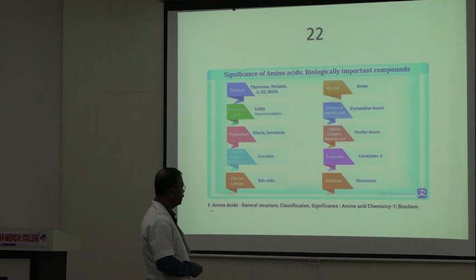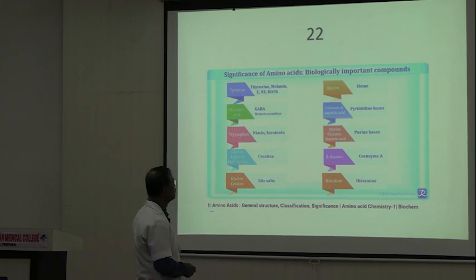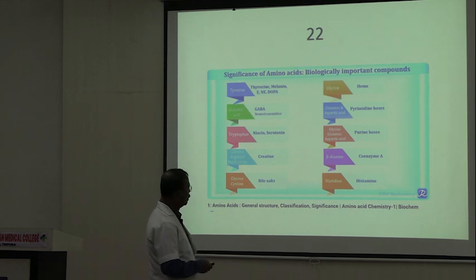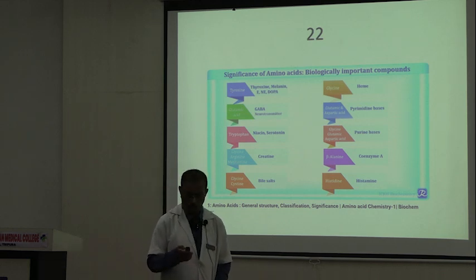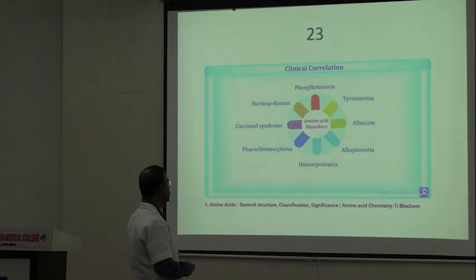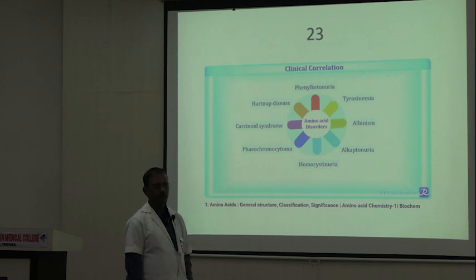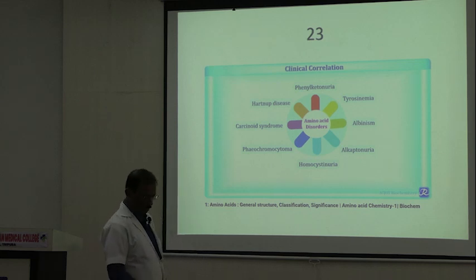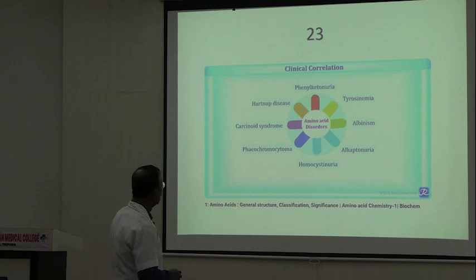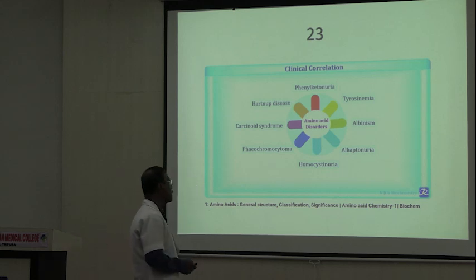Then from histidine, histamine is produced. These are the biologically active important compounds, and during metabolism you will come across them again and you will know how they are important. Now, due to disorders of amino acids, many major diseases of the body are found.